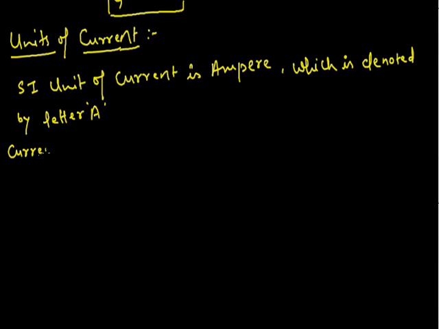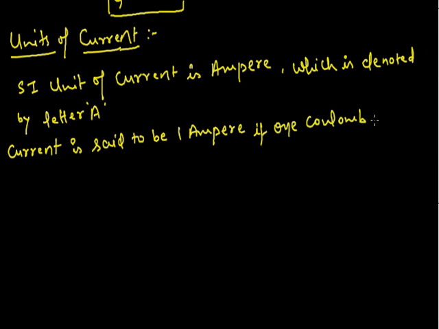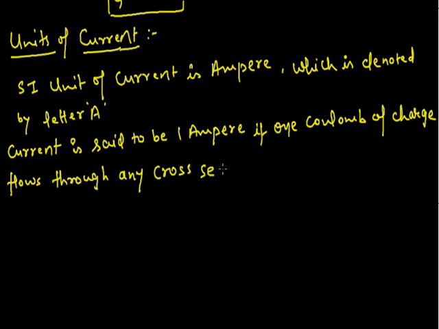The basic definition is that current is said to be 1 ampere if 1 coulomb of charge flows through any cross section of a conductor in 1 second.